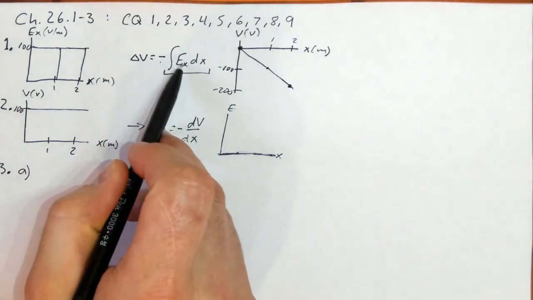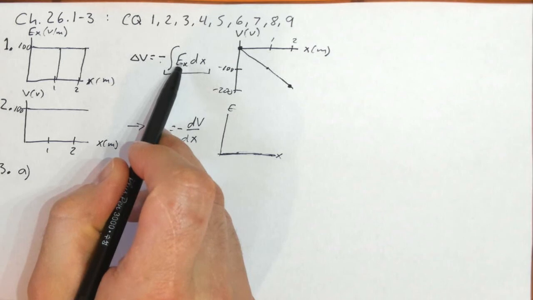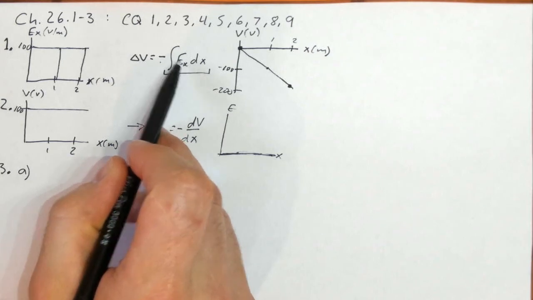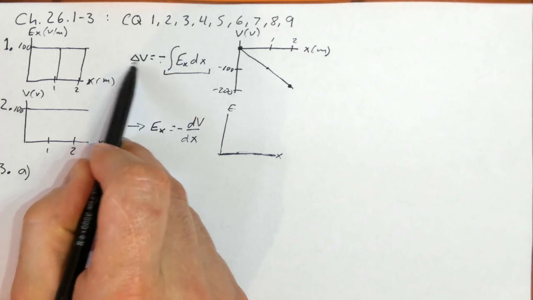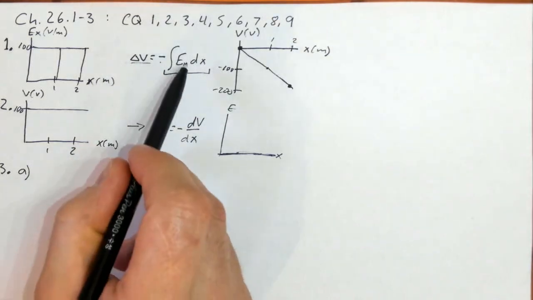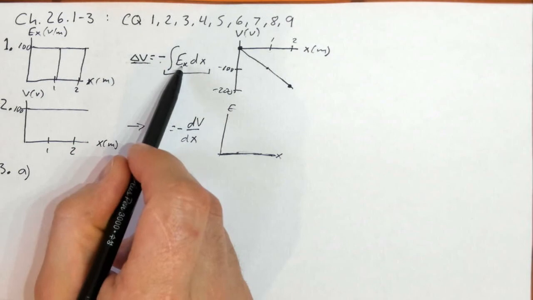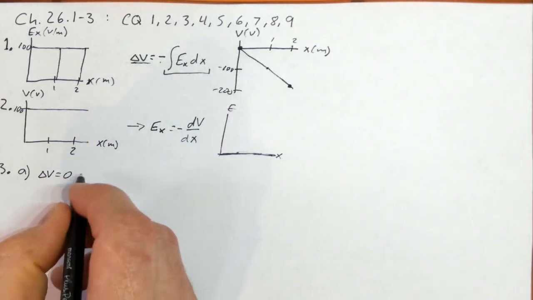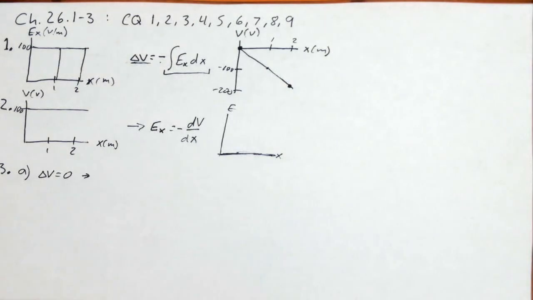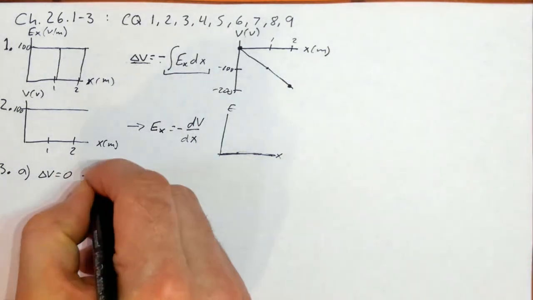If the electric field is 0 everywhere within a region, then is the potential 0 or the potential difference? You can see it's the potential difference that is 0. So that means delta V equals 0, which could be for V equals 0 everywhere. That's a delta V of 0, or just V is constant, whatever it is.